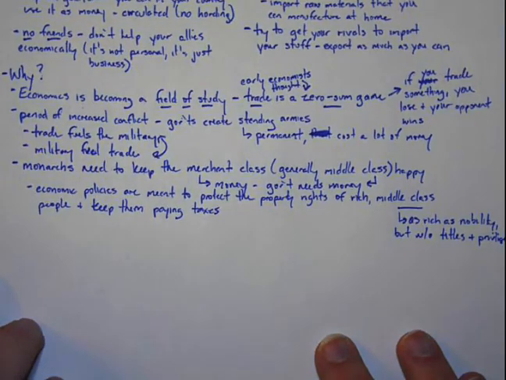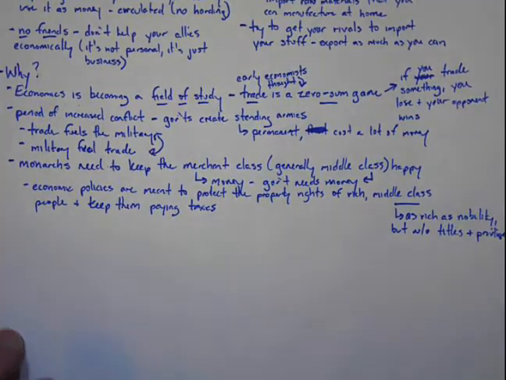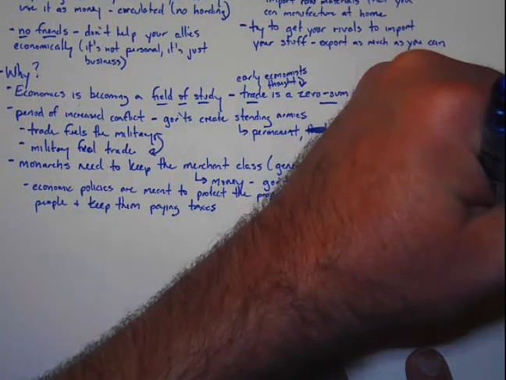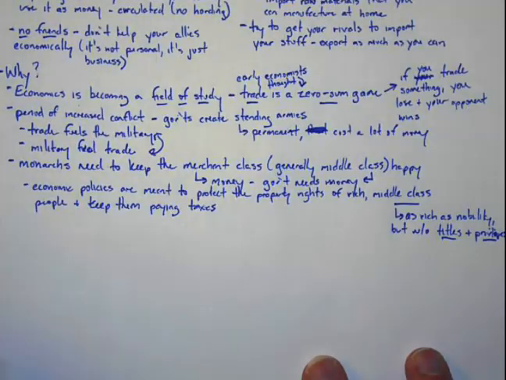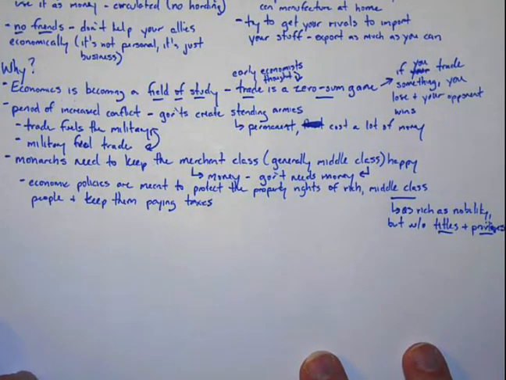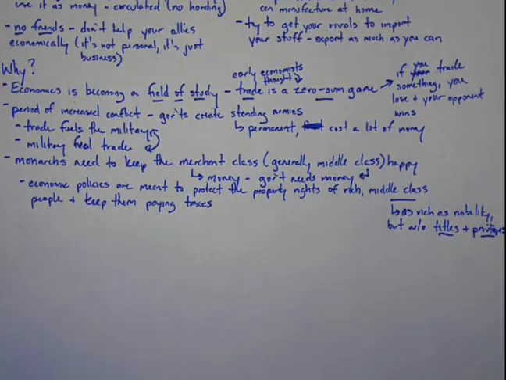So they're as rich as the nobles, but they don't have the fancy titles or the privileges. And so we've got to keep these people happy because these are the people with the money and these are the people that are paying taxes.